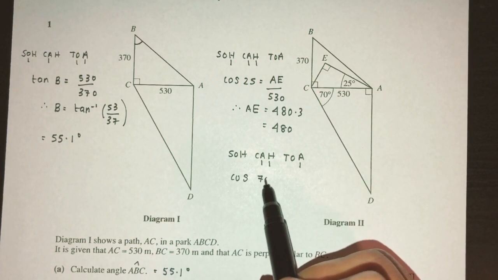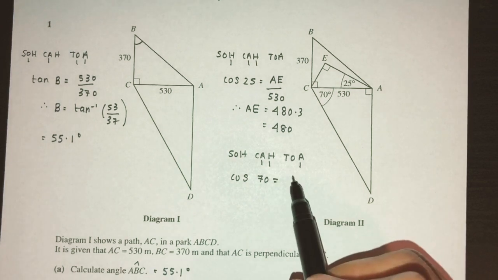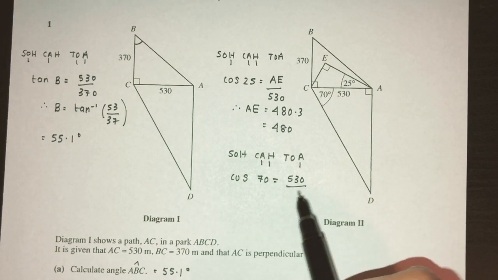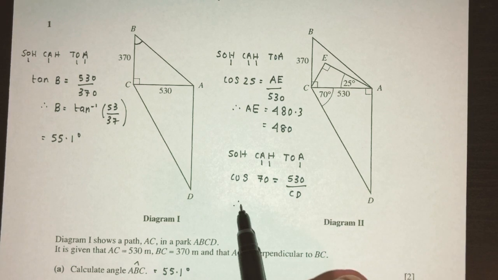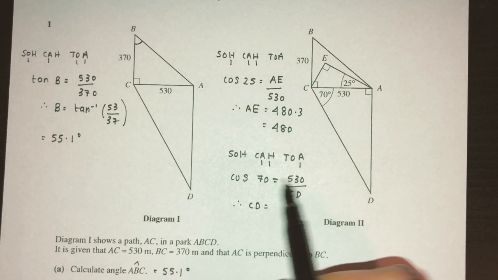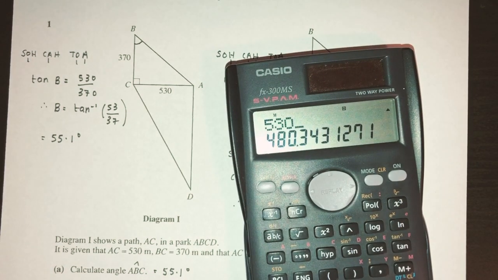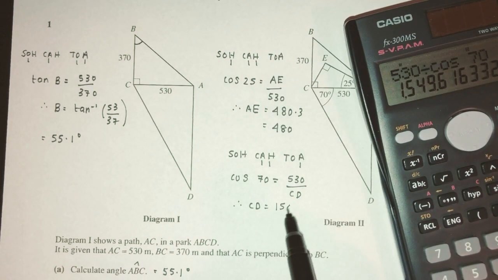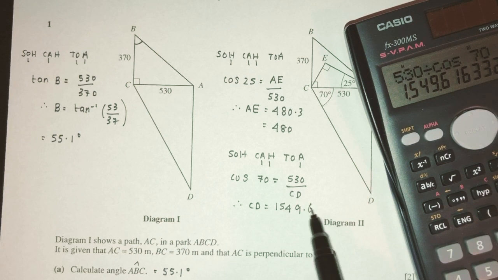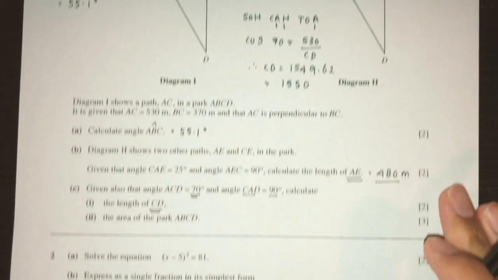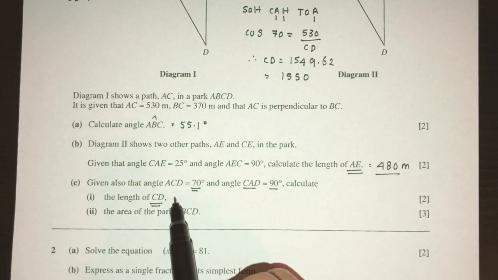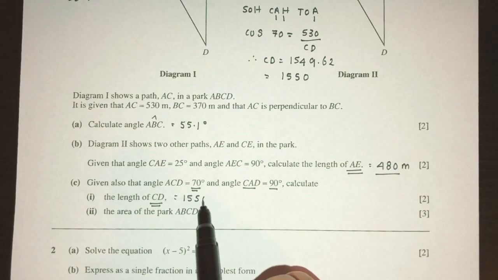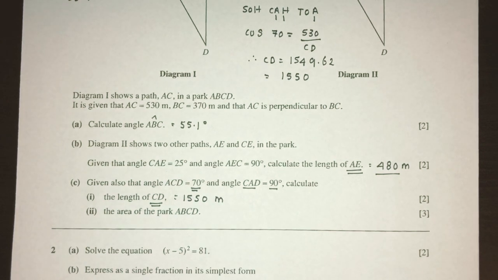Cos 70 is equal to the A side 530 over CD. From this, CD will be 530 divided by cos of 70, that will be 1549.62, but correct to 3SF, 1550. That will be your answer in terms of 3SF and meters.